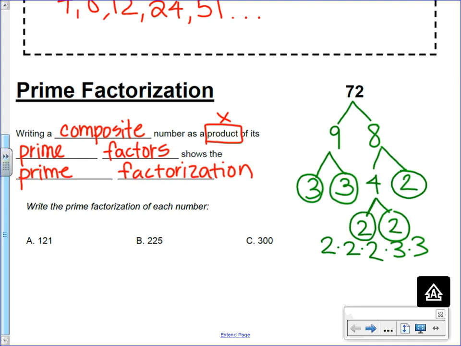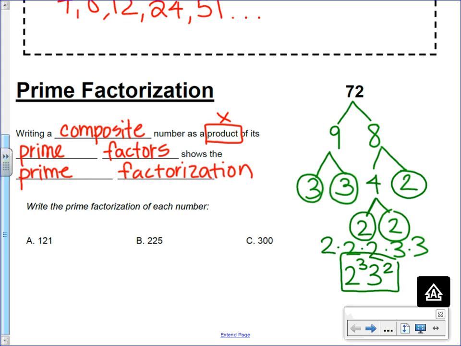If not, I haven't done it correctly. So 2 times 2 is 4. 4 times 2 is 8. 8 times 3 is 24. 24 times 3 is 72. So it works. So now, the prime factorization is just 2 to the third power and 3 to the second power. That is the prime factorization, because it's the prime factors of 72.